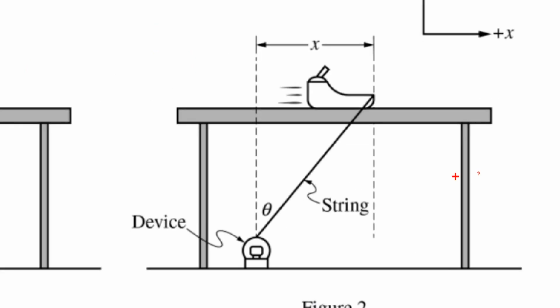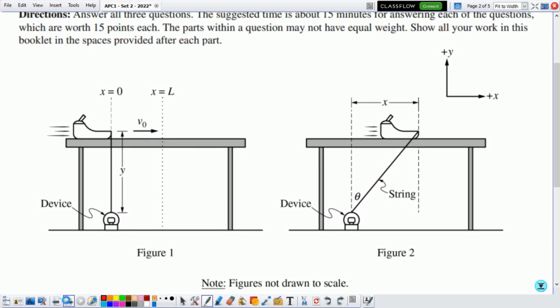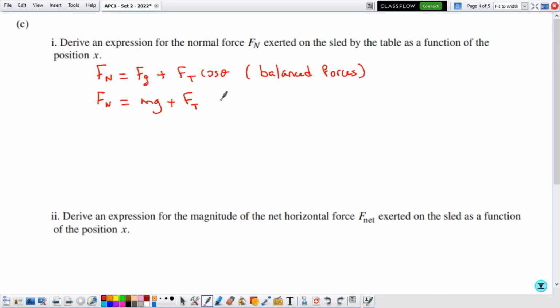Now let me again construct the triangle that we have stated. This is A, this is B, and this is C. That would be AB is y, that would be the radical of x square plus y square, and that's x as stated here. Then cosine theta is the adjacent of the angle theta, which is y, divided by radical x square plus y square. Then let me replace this function here, so multiplied by y divided by radical x square plus y square.